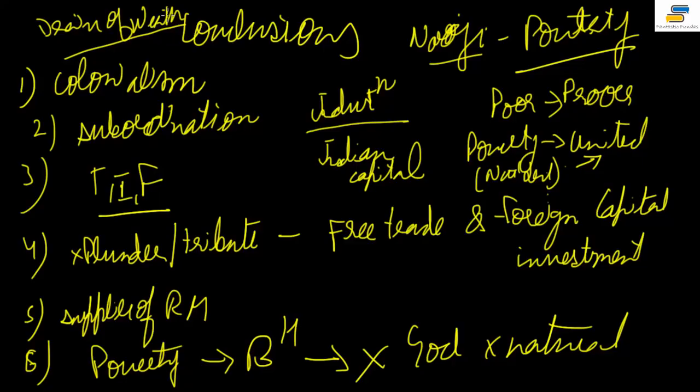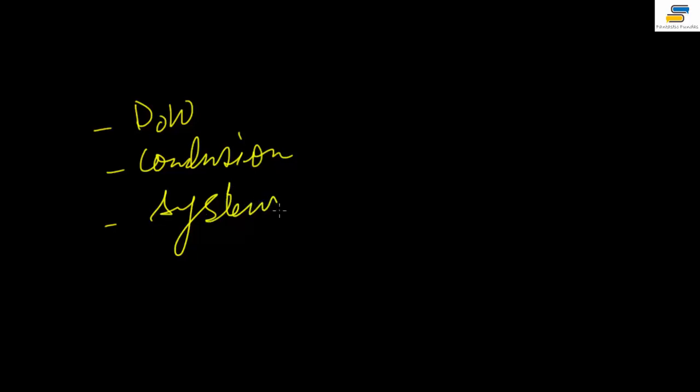And then the overall conclusion of this chapter, and I will also talk to you about the various systems of revenue collection in the next lecture. Okay, so this was happening in the economic critique.